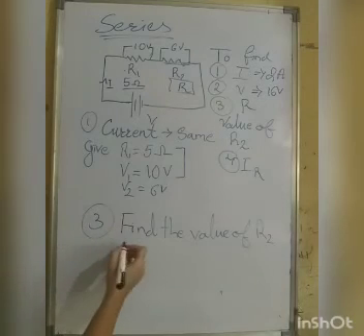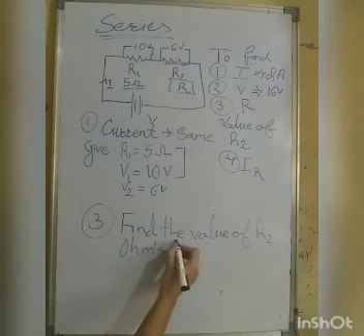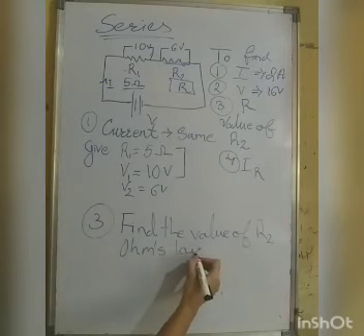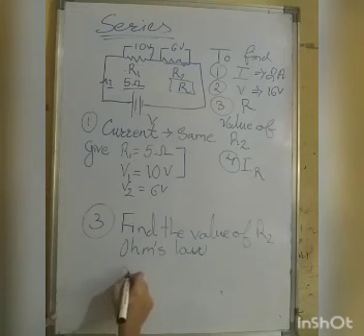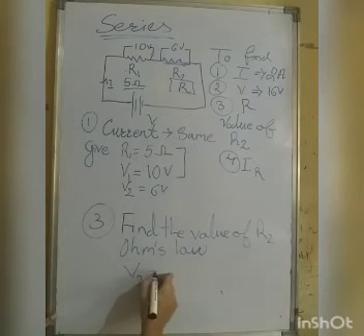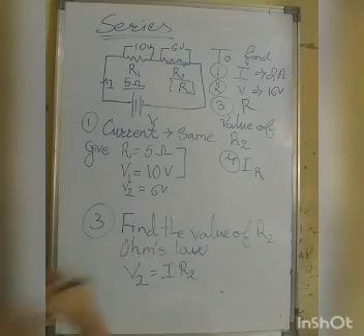Again applying Ohm's law. Remember, in series, the same amount of current is flowing through all the components. So here also your current is going to be 2 amperes. Now V2 equals I R2.